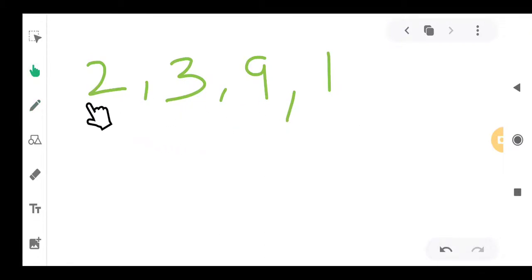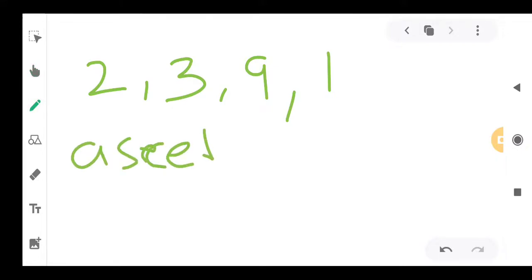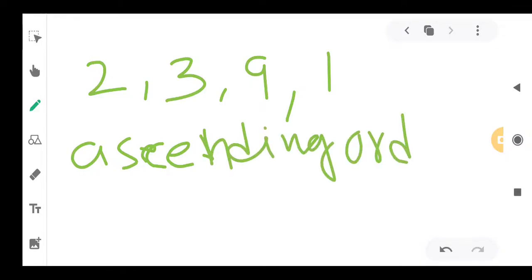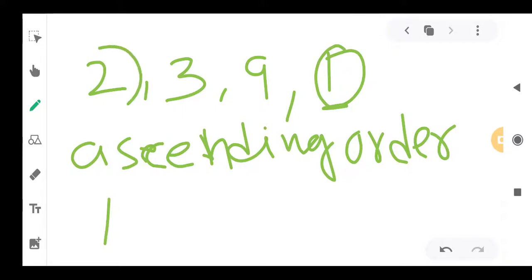So, first of all, you have to choose the lowest number from these 4 numbers. Which is the lowest number? Yes, that is 1. So, in ascending order, first of all you have to write this 1. So, 1 is over. Next, which one is smaller? Yes, in 2, 3 and 9, 2 is smaller one.